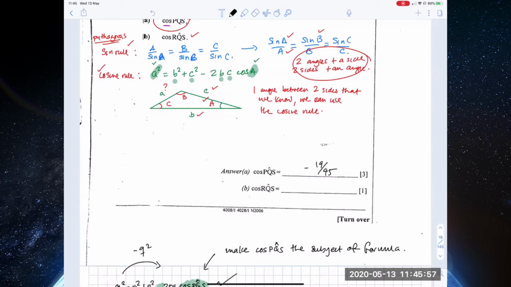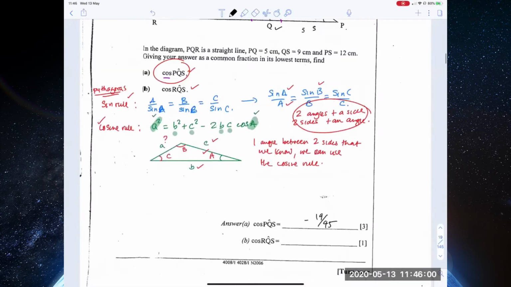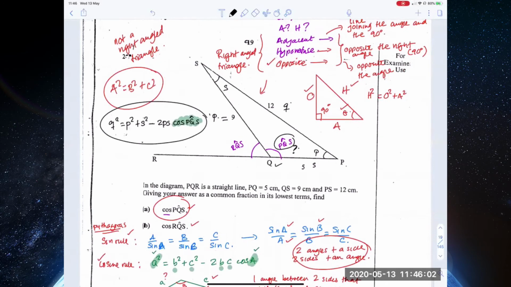What about cos RQS? Cos RQS is this one. How do you calculate cos RQS?